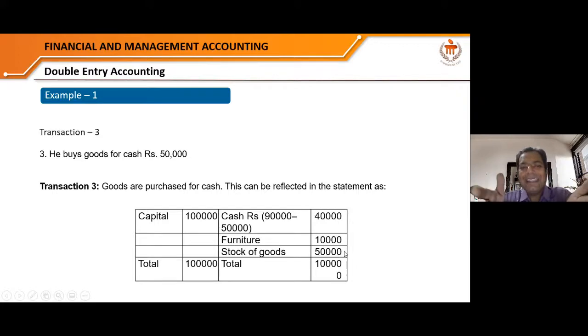We did exactly the same, 100% what is being shown here, no deviations. These are two ways of showing the same thing. That is the accounting equation, and this is the balance sheet. But again, on one side I have all my assets, and on the other side I have all my liabilities and capital.